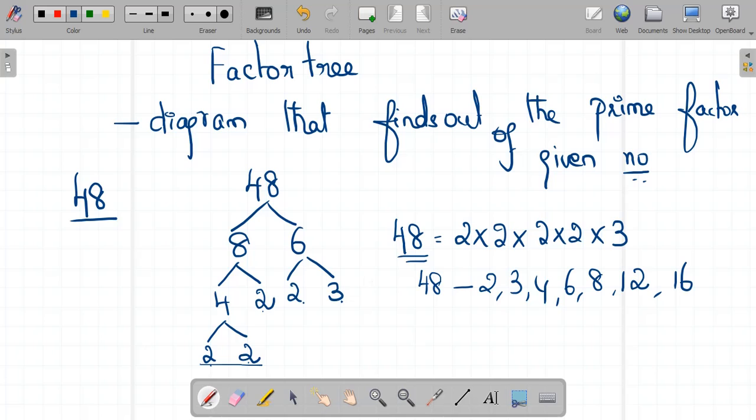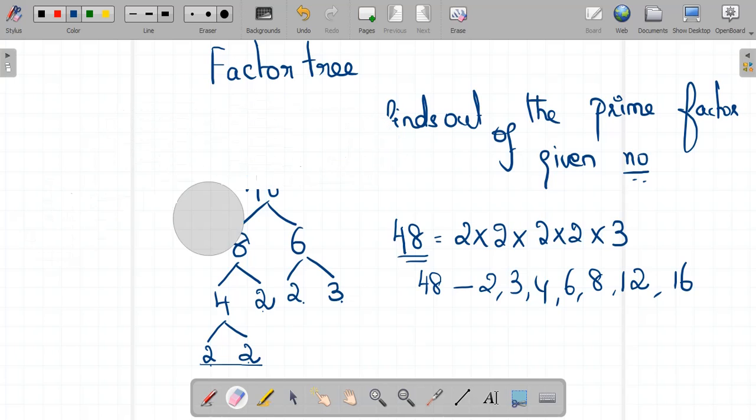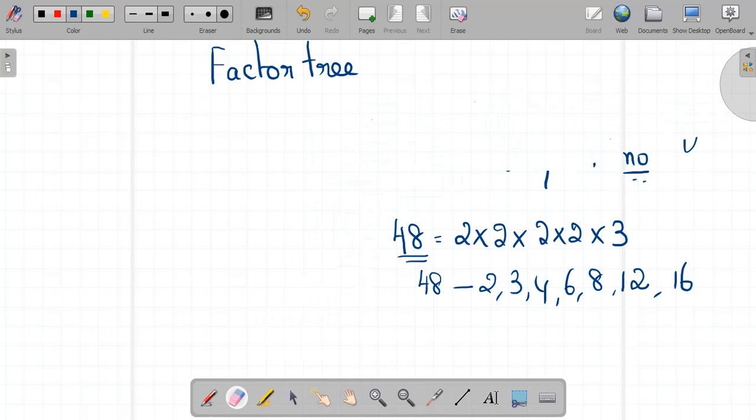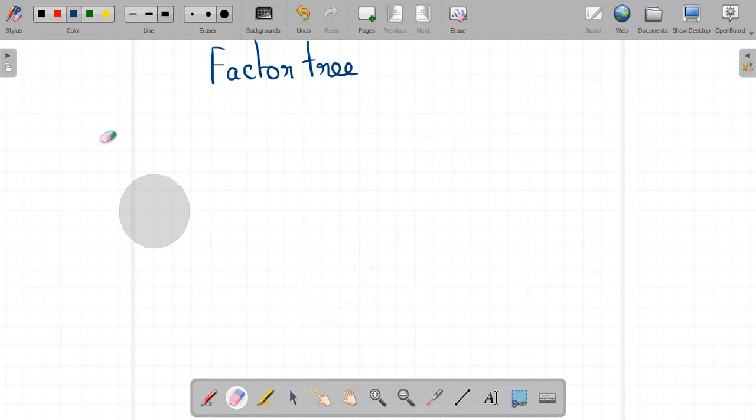Now let us take some other numbers and work out how to generate a factor tree for them. Let us start with, for example, the number 120. 120 is an even number, so I can directly start like this: 2 times 60, correct?